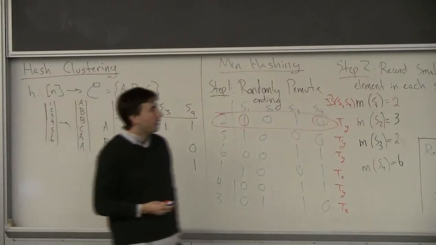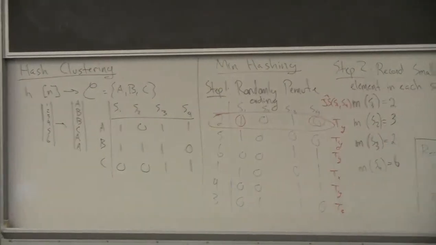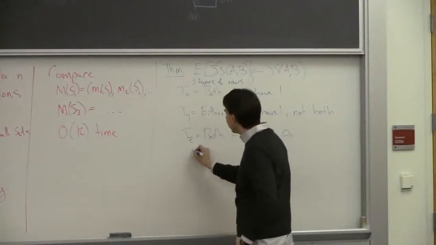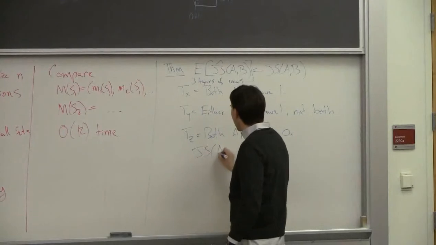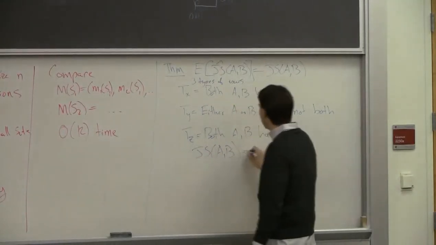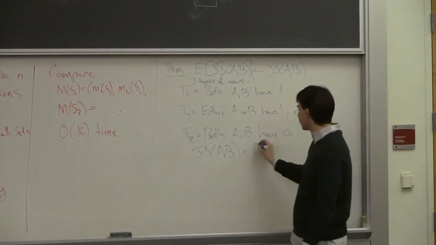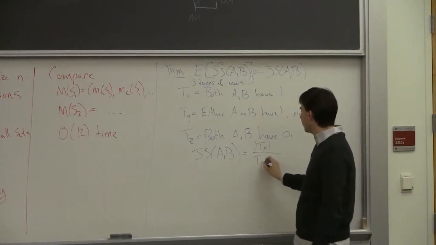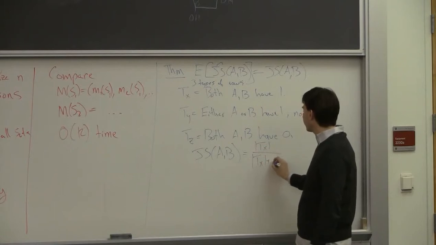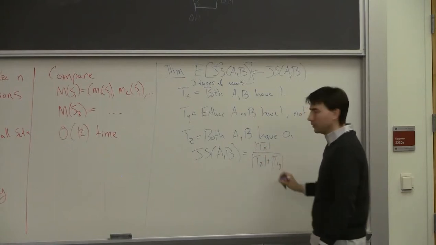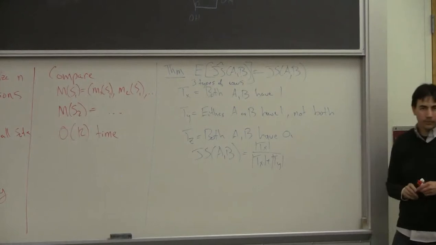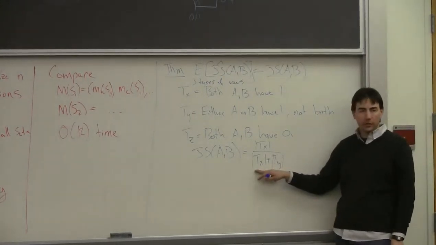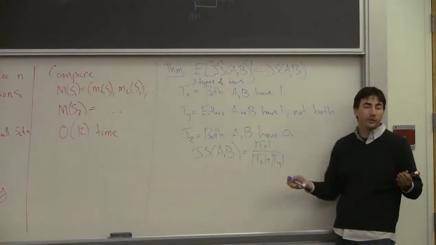Now, if I use these types as sets of rows, the Jaccard similarity between A and B is going to be the size of type X over the size of type X plus the size of type Y. This is the number of rows that have a 1 in both sets over the union of all the rows that have a 1 in either of the sets.